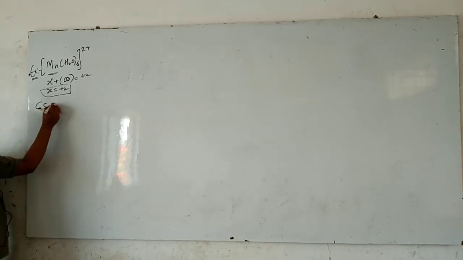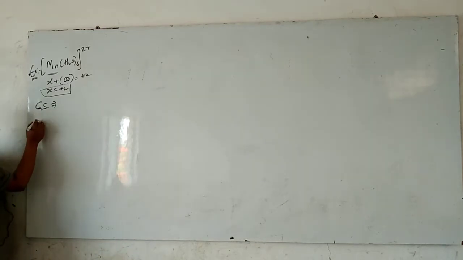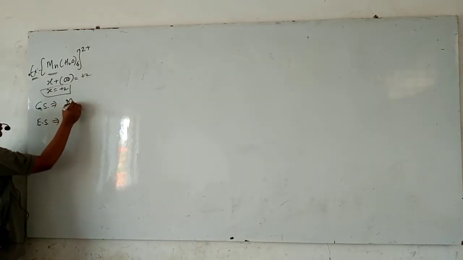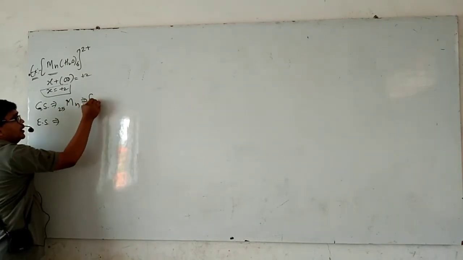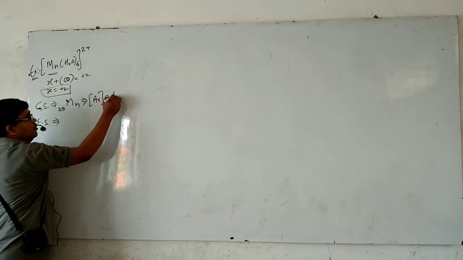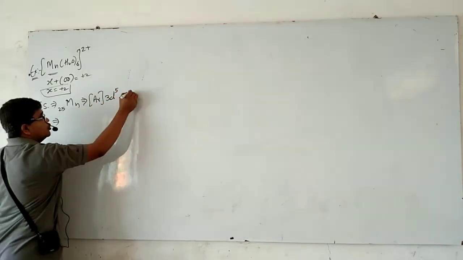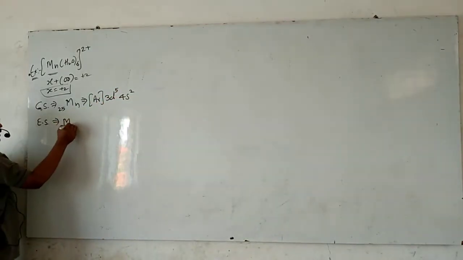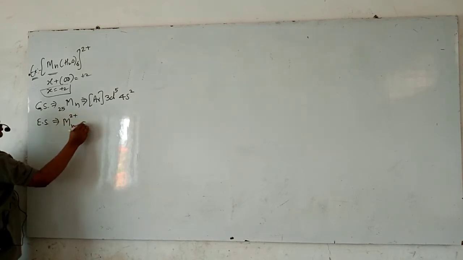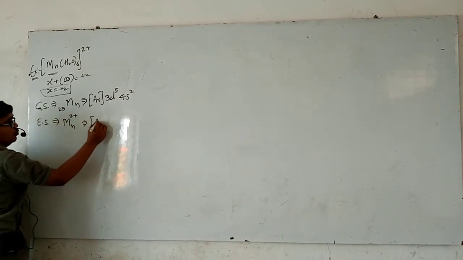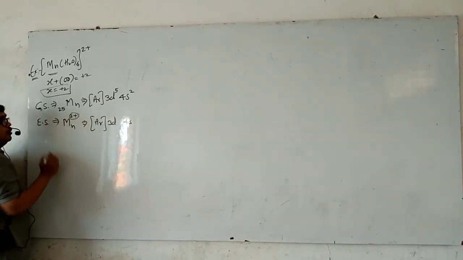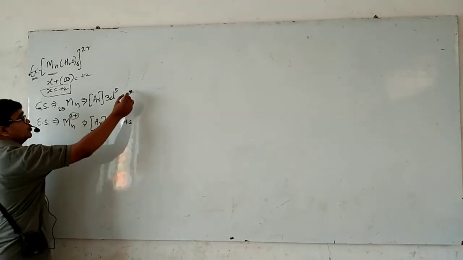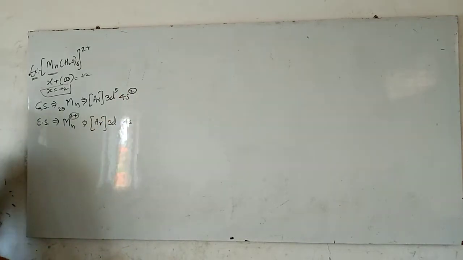Now write the electronic configuration in the ground state and then the excited state. Mn, whose atomic number is 25, has electronic configuration [Ar] 3d5 4s2. In the excited state, Mn is in the +2 oxidation state, so we have to remove 2 electrons from the valence shell of Mn.